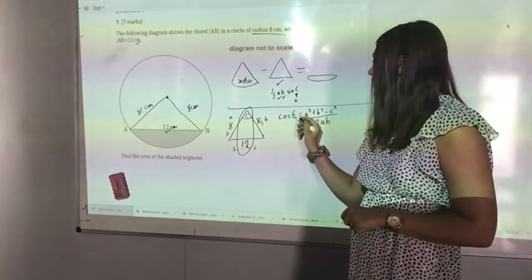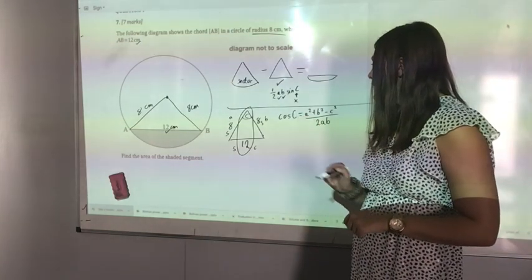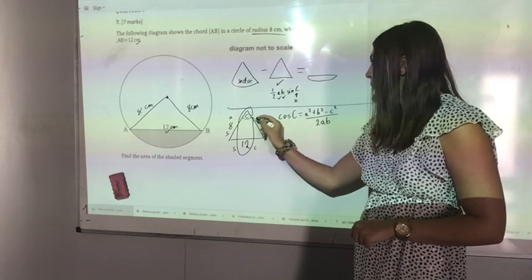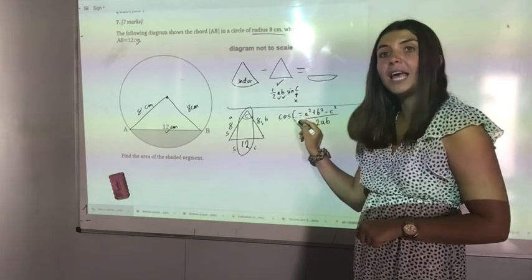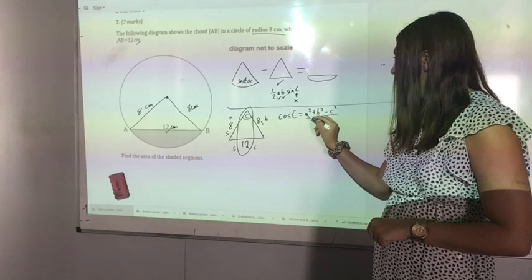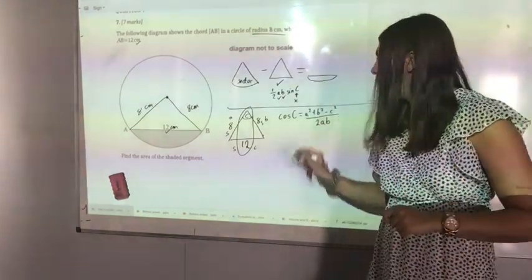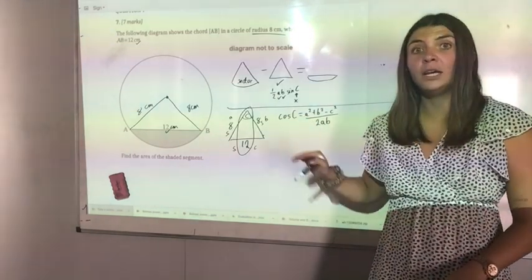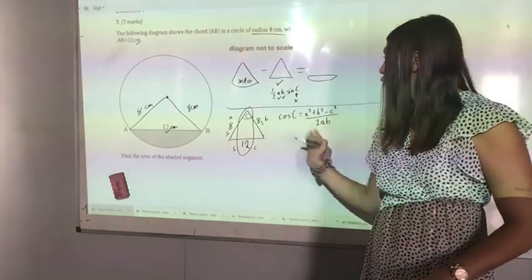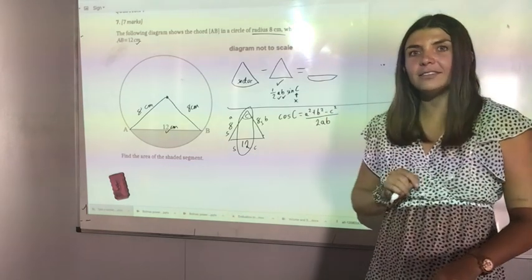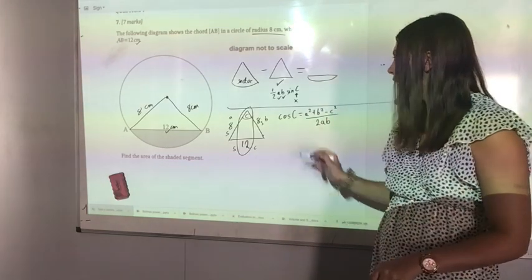If I changed the equation to A, then I would label this as A. But if this was changed to A, I'd also have to change the A to a C and the C to an A. So I think the easiest way of doing these problems is to copy down the exact formula from your formula booklet and then make your triangle relate to these letters. Let me know if you want further clarification.